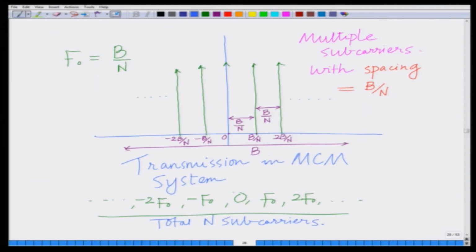If we denote this B by N by a quantity F naught, where F naught can be thought of as a fundamental frequency of this system, then I have subcarriers at 0, F naught, 2 F naught, 3 F naught, and so on, and on the negative side at minus F naught, minus 2 F naught, minus 3 F naught, and so on. So, I have a total of N such subcarriers.